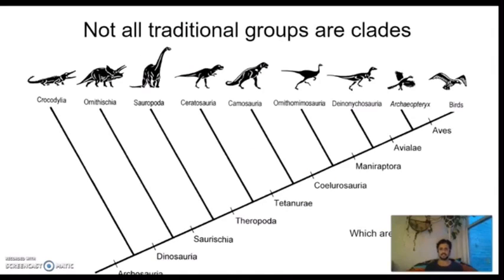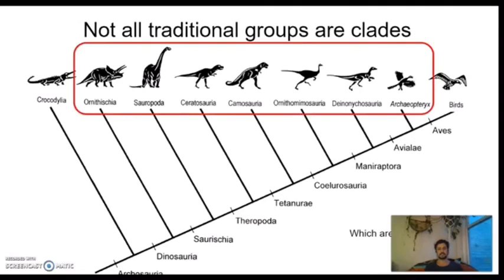Now, when I say clade, I'm talking about a distinct group, a group of organisms that includes all of the descendants. But not all groups that we're familiar with make up a clade. Now, what do I mean? Well, let's look at the dinosaurs. Here's the dinosaurs. All the organisms past Dinosauria.